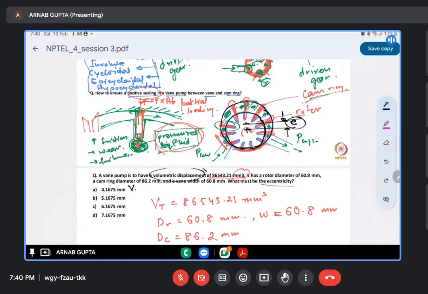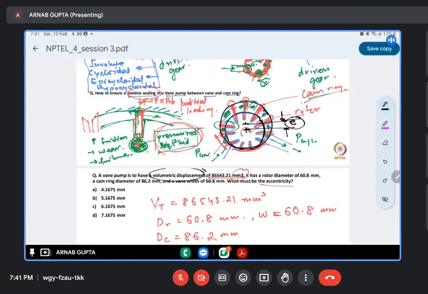So basically, your VT is a function of E. As E increases, VT generally increases. Okay, so let us find out the value of E.